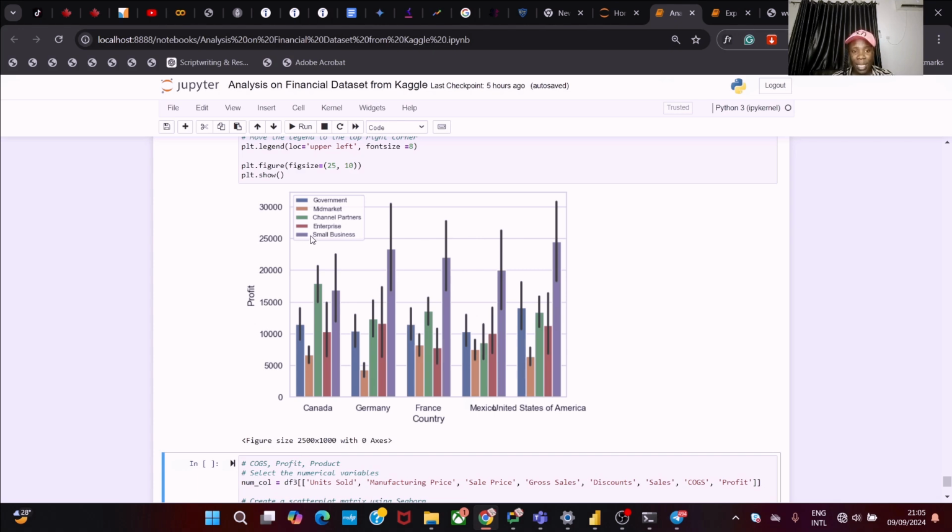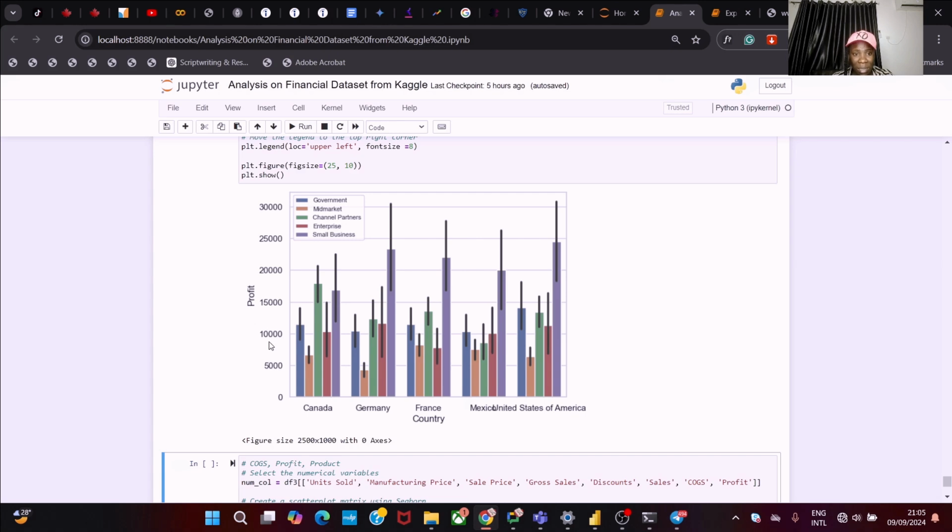So we can say that across four countries the most profitable segment is small business, while the most profitable segment in Canada is channel partners. So the company should increase their small business transactions across Germany, France, Mexico, and the United States.